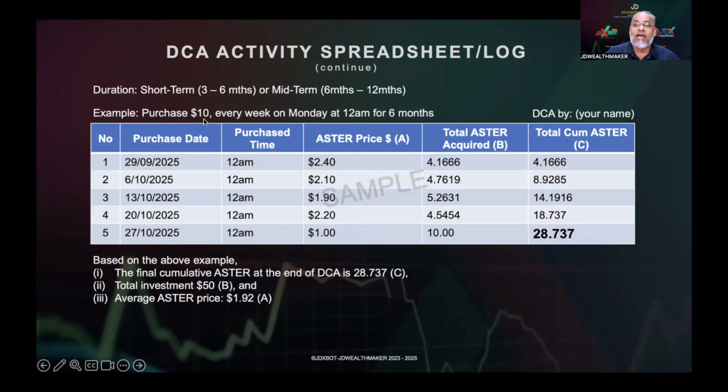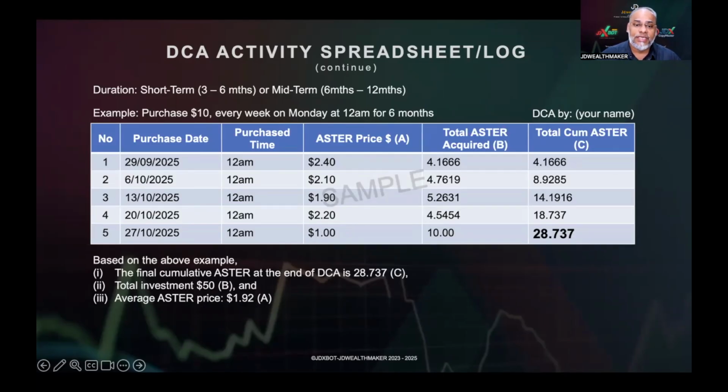I mentioned that I want to purchase $10 every day, and in this example I'm doing it every day, so I have invested only $50. As for the average ASTER price, you total up all the 5 and divide by 5, and you get an average of 1.92.